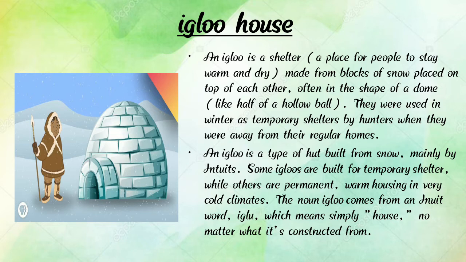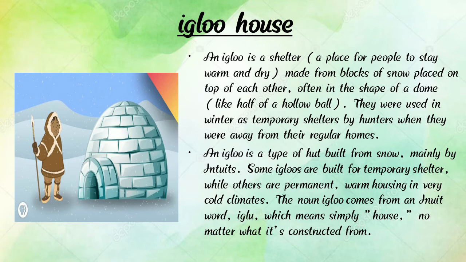The noun igloo comes from the Inuit word igloo, which means simply house, no matter what it is constructed from. So, igloo means small house or simply house, and it is made of blocks of snow.